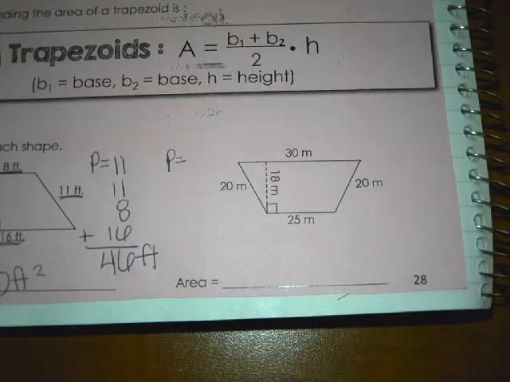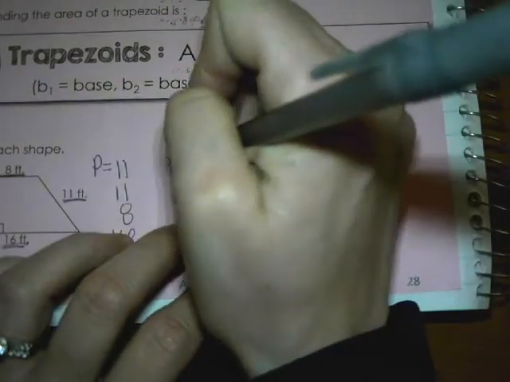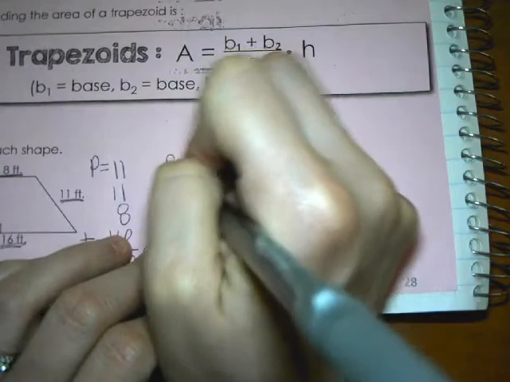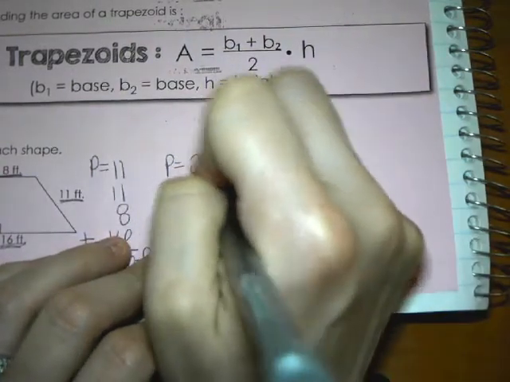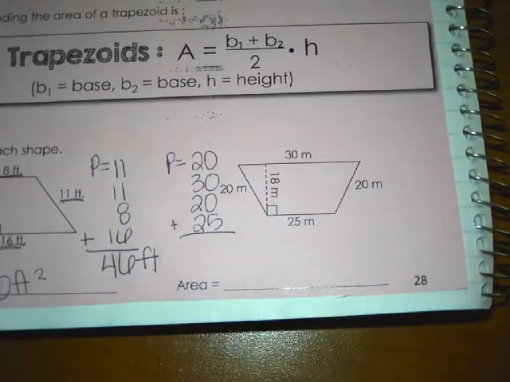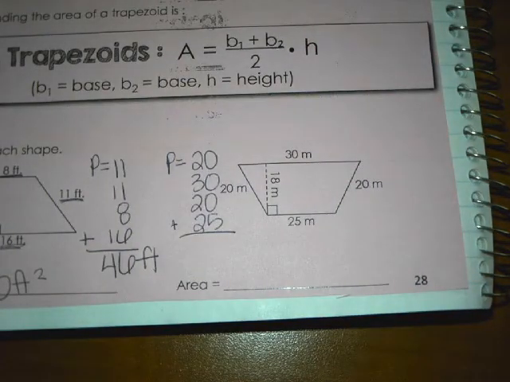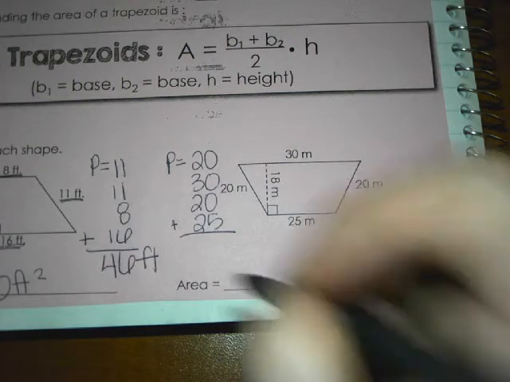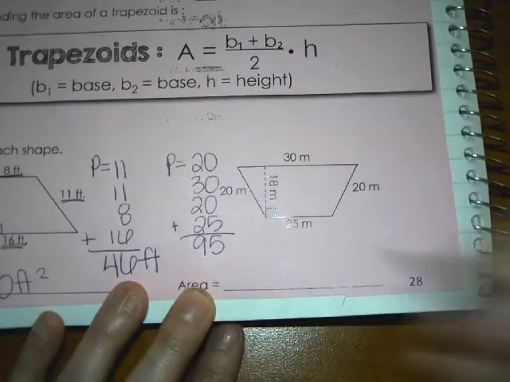Added up all the sides. What are my sides? Why did we not use 18? Good, that's the height. It's not the outside. The height can be on the outside of a trapezoid, but remember it has to be at what degree angle? 90. So what did we get when we added all those sides together? 95? 95 what?